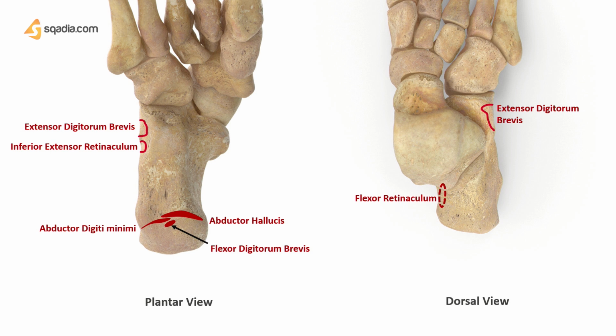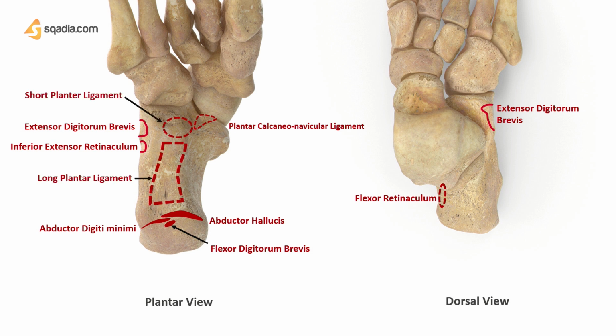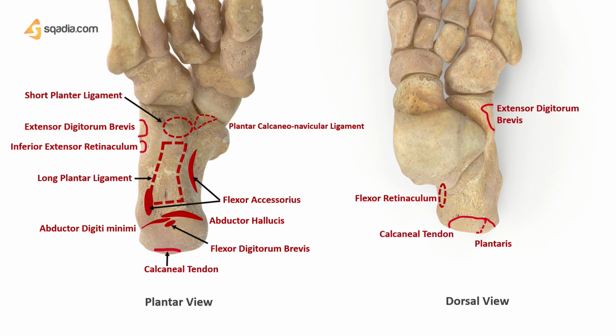The medial margin of the sustentaculum tali provides attachment for the plantar calcaneo-navicular ligament and the short and long plantar ligaments. On the margin of the sustentaculum tali, we can find the attachment site for the tendons of the flexor digitorum longus. The large medial head of the flexor accessorius is attached distal to the groove for the flexor hallucis longus. The plantaris muscle is attached just near the calcaneal tendon.